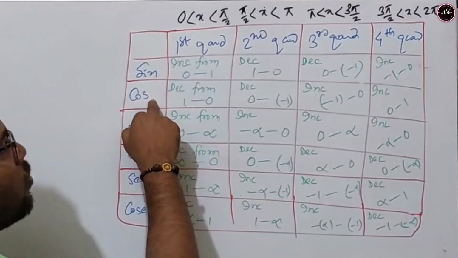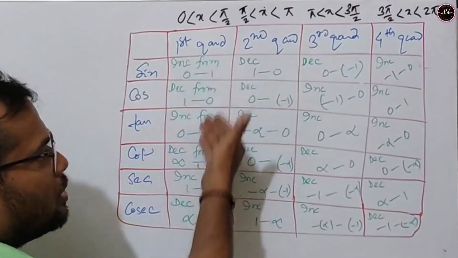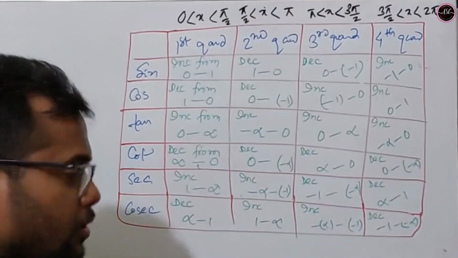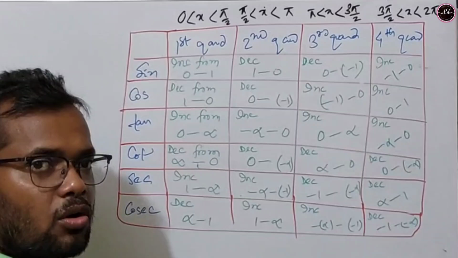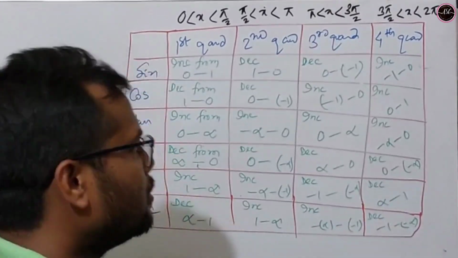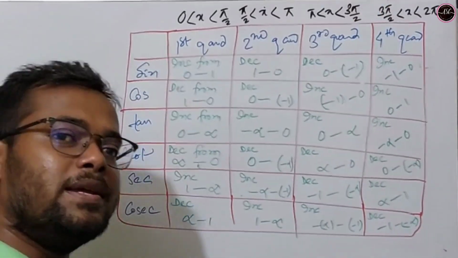For cos x, when x increases in the first quadrant, cos x decreases from 1 to 0, and in the second quadrant, up to pi, from 0 to -1. In the third quadrant, cos x is increasing from -1 to 0, and in the fourth quadrant it also increases from 0 to 1.